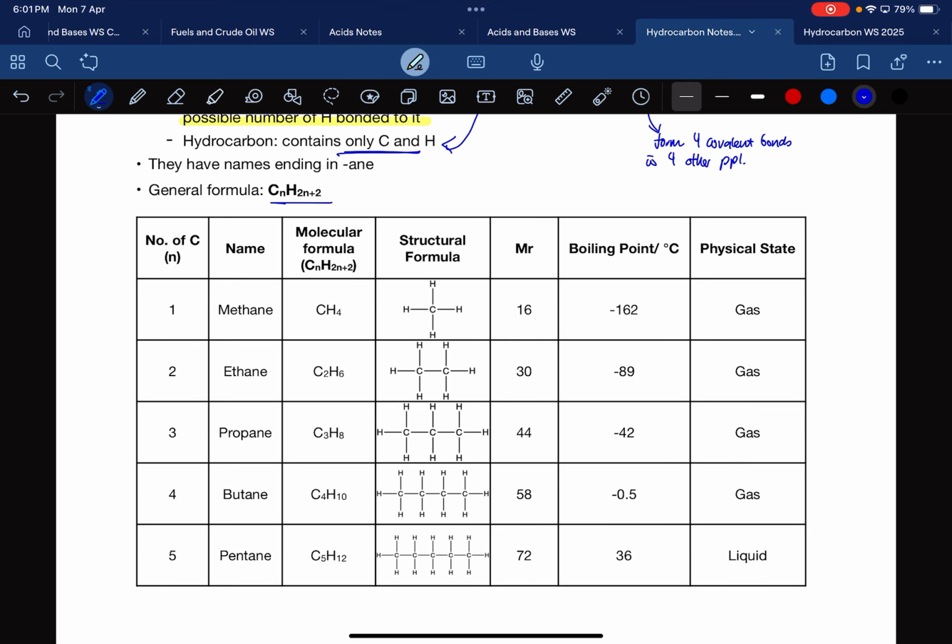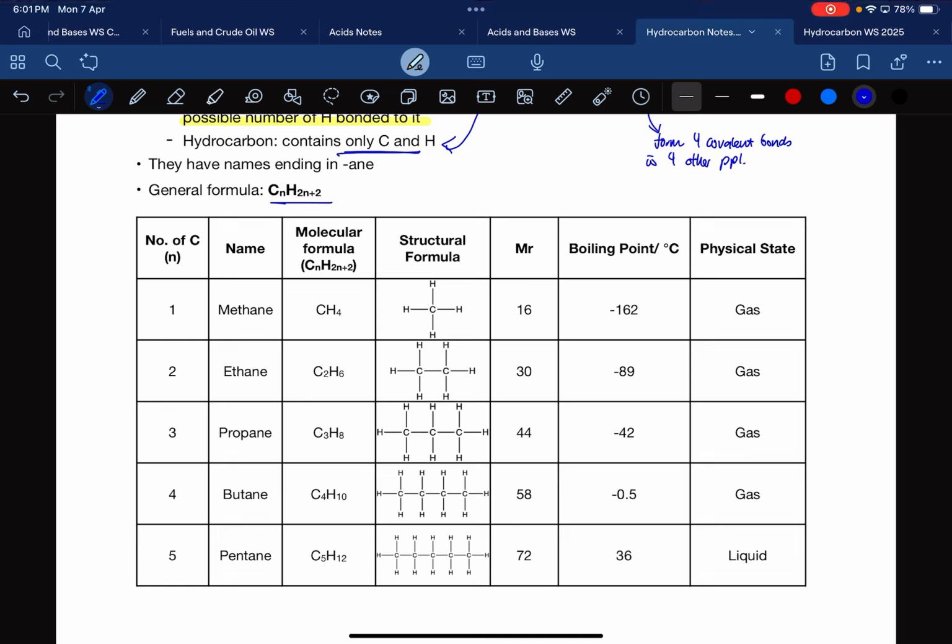Now we are going to bring in all the different kinds of alkanes. Methane, 1 carbon, CH4, CnH2n+2. The general formula stays the same throughout. But as you go down the group, as I increase the number of carbon atoms, your Mr will increase. You all remember why? We talked about it in chemical bonding last year.